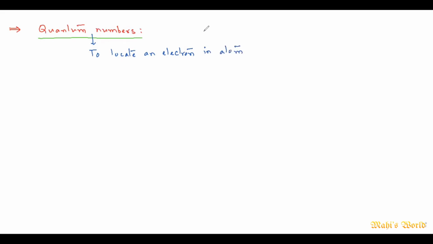To locate an electron in an atom is nothing but finding the orbit in which it is present, the suborbit or the sublevel in which it is present, and of course, the orbital in which it is present.